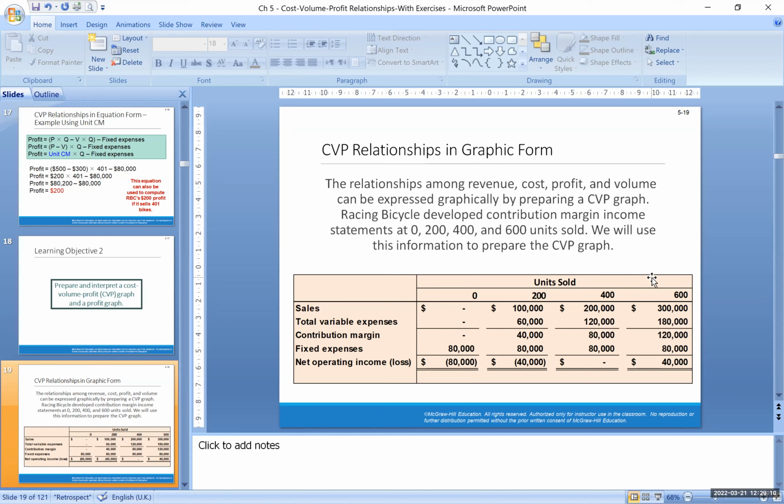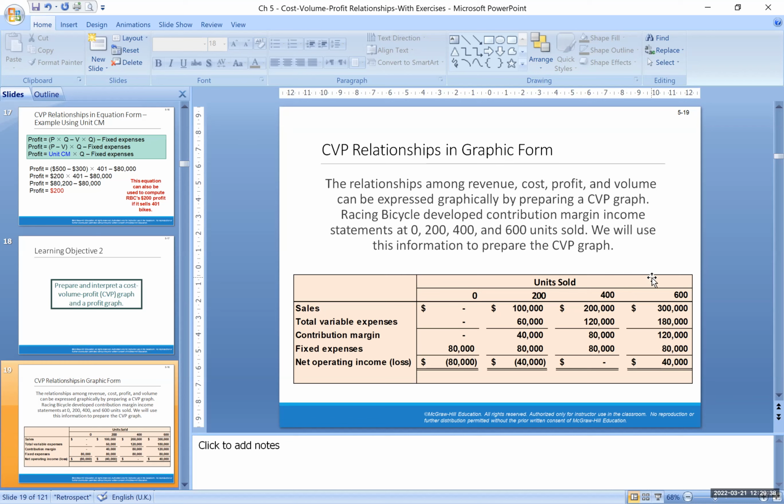So the net operating income in the first column is a loss of $80,000, which is 0 minus the fixed expenses of 80,000. The net operating loss in this case will be $80,000.